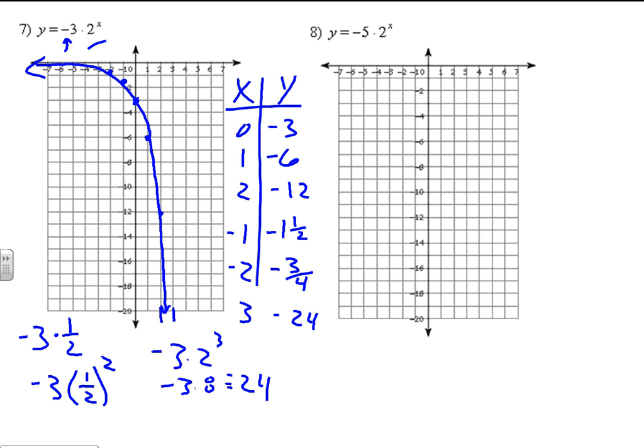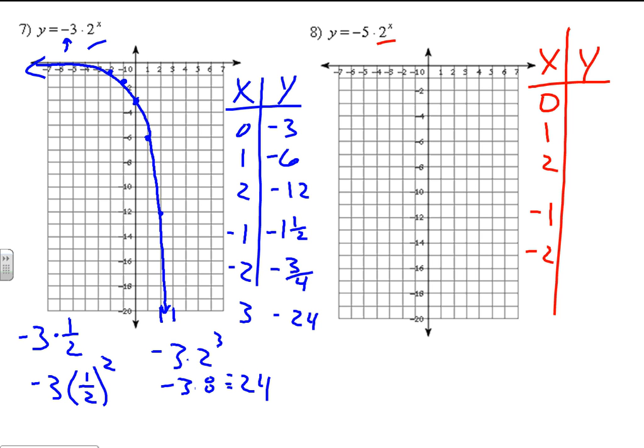Okay, go ahead and give 8 a try. Put this on pause. All right, let's take a look at number 8. X, Y, nothing different here. 0, 1, 2, -1, -2. Put in 0. 2 to the 0th, 1 times -5. Whoops, that's -5. Try that again.